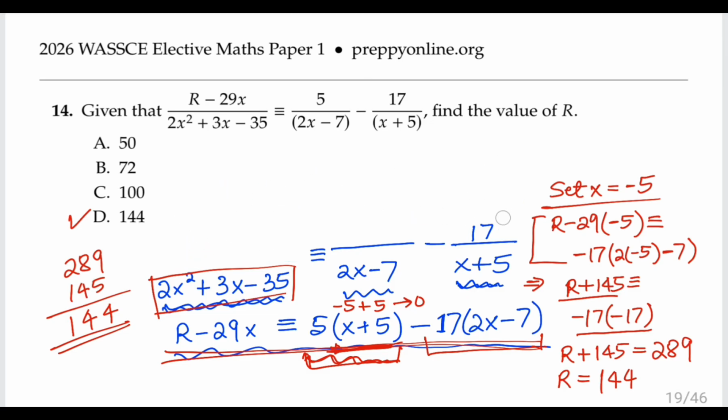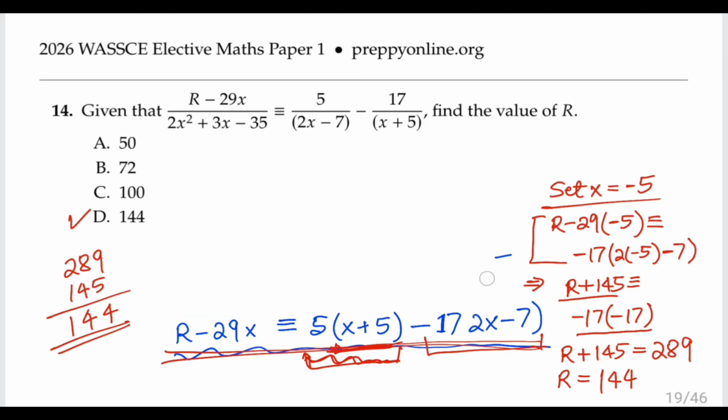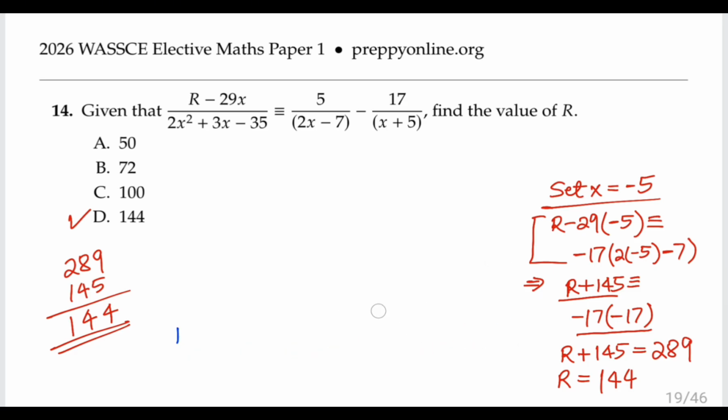So let's create some space here. What we're trying to say is that this equivalence, in fact, that's the key point about this question. Because this left-hand side is equivalent to this right-hand side, it means that any value of x you choose, it doesn't matter, the left-hand side is going to be equal to the right-hand side. So you want to take advantage of that and choose values of x that are going to make your life easy.